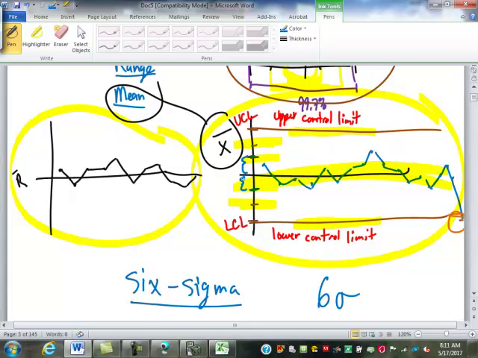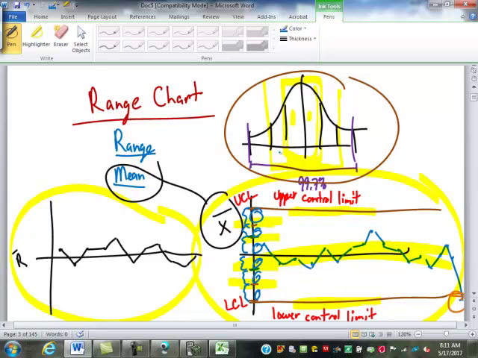Here's another standard deviation. 2, 3, 4, 5, 6, right? There are 6 standard deviations between the lower and upper control limit. That's where Six Sigma comes from. Just like when we did the bell curve, we went 1, 2, 3 standard deviations below and 1, 2, 3 standard deviations above the mean. That's a range of 6 standard deviations, 6 sigma. That's what that comes from.